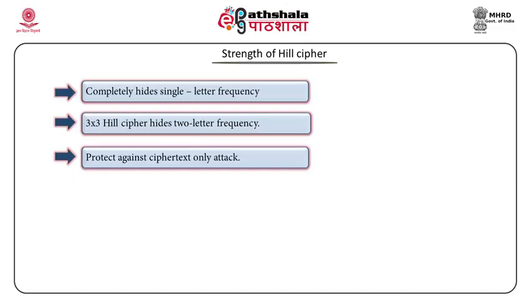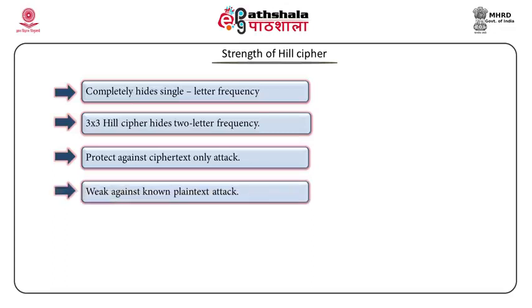Ciphertext only means the cryptanalyst is given only the ciphertext, the algorithm is known but no plain text, no key is known, and he has to derive the key. That is impossible if only ciphertext is given. So, Hill cipher protects you against ciphertext only attack, but it does not protect you against known plain text attack.